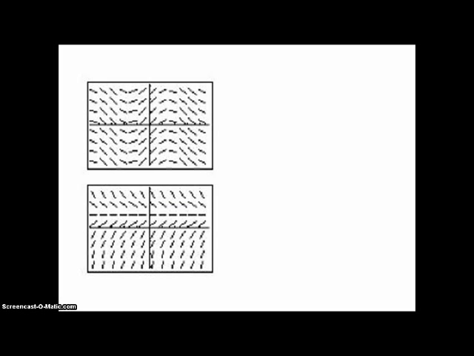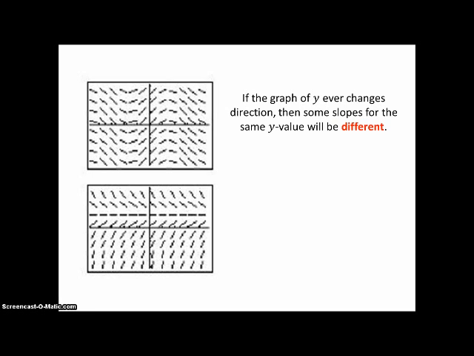Here are two slope fields. The top one is not autonomous, and the bottom one is autonomous. If the graph of y ever changes direction, then some slopes for the same y value will be different, such as in your first example, but that's not autonomous. And so you could have, as you move across, a function that's increasing and decreasing.